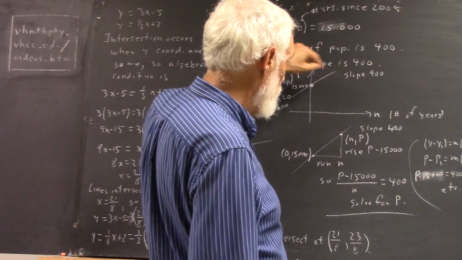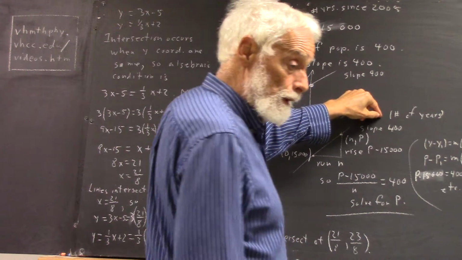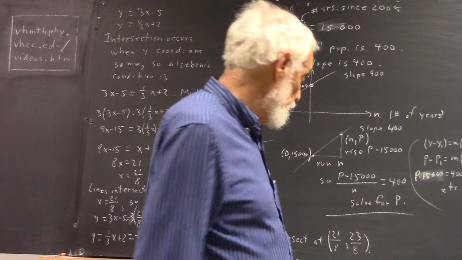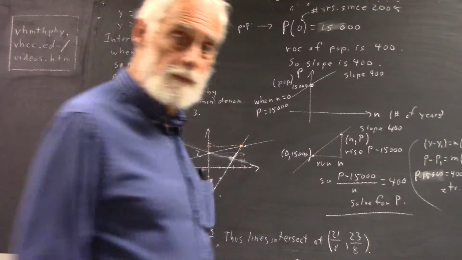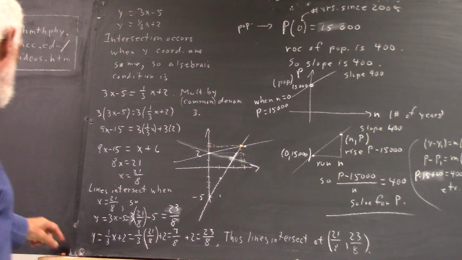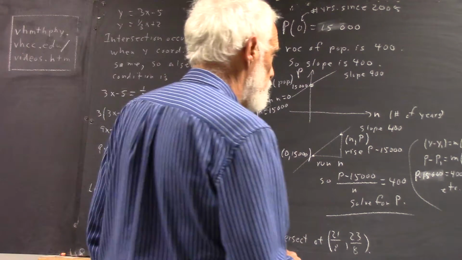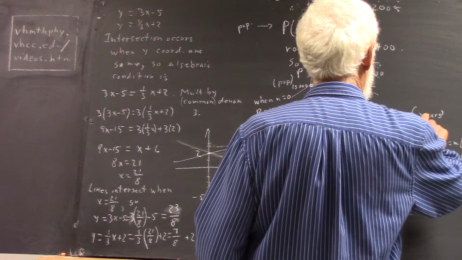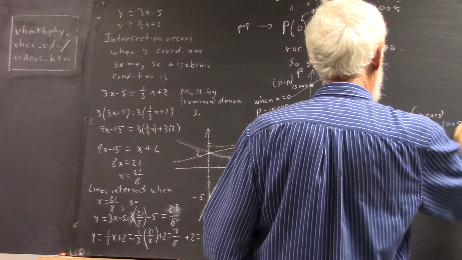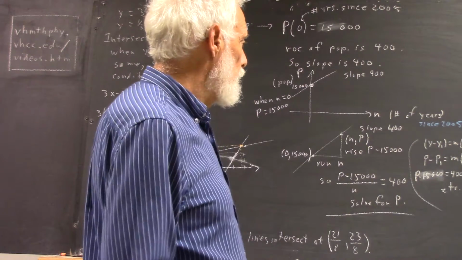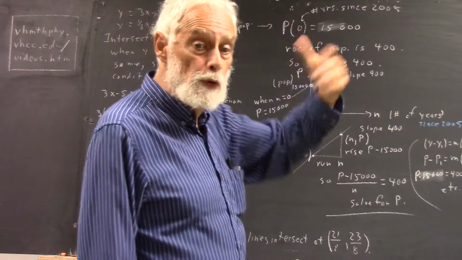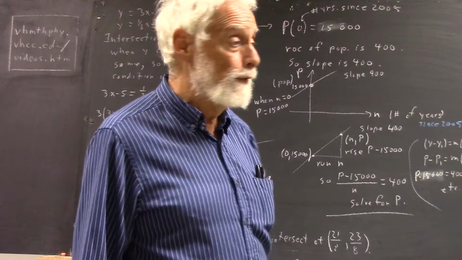So we have a graph of p versus n. N is the number of years since 2005.